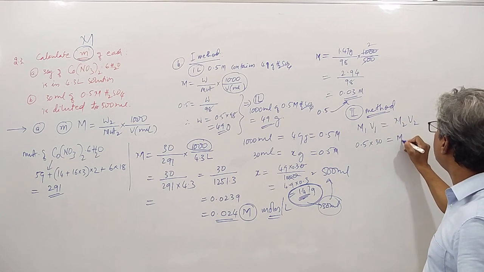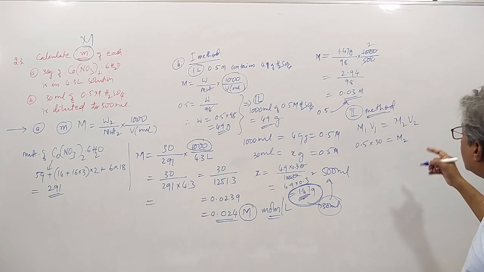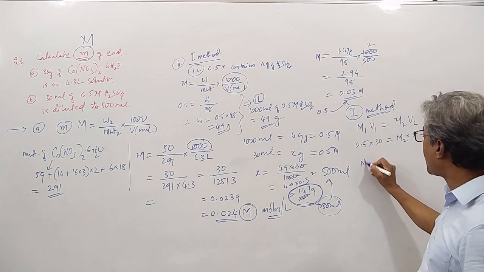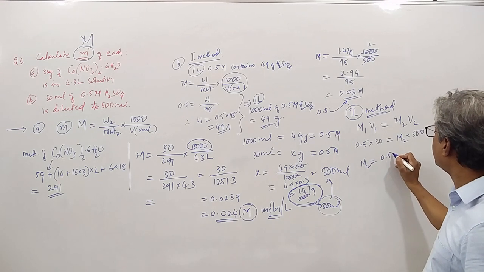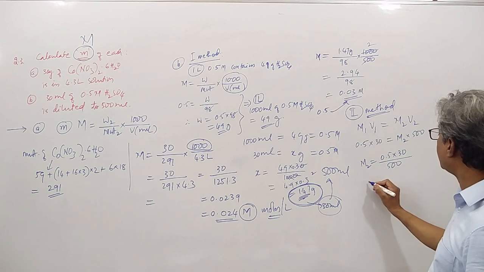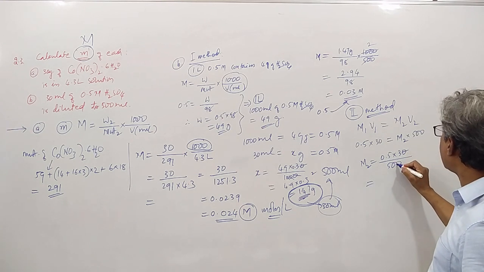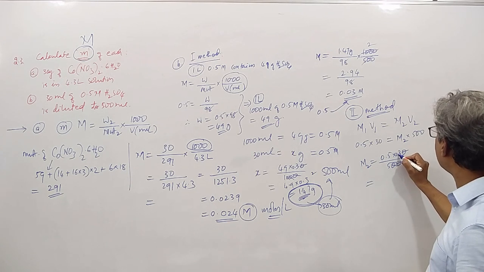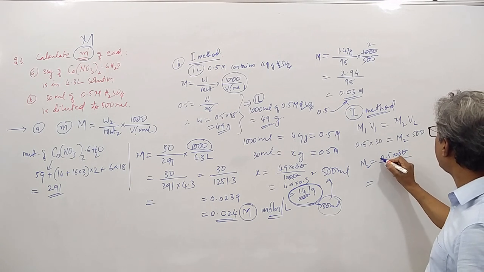Then molarity is asked when its volume is changed to 500 ml. That means molarity is equal to 0.5 into 30 divided by 500. See students, how much we will get? This and this get cancelled. This and this will be there, and this will be 10.